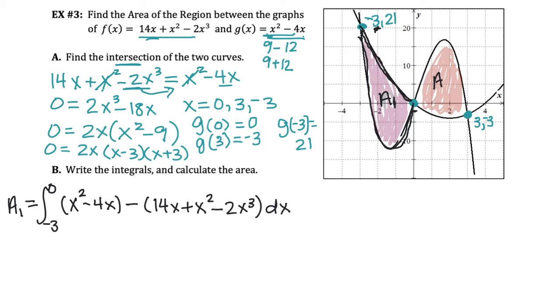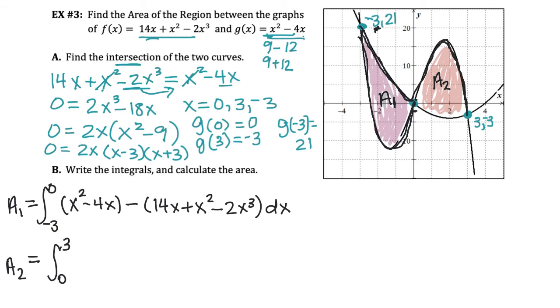And then for area 2, well, that's a little bit different. Area 2, you're going to integrate. This time you're going to go from 0, because it's what x value to what x value. So 0 to 3 this time. But now look at what's happened to your functions. They have swapped. And that usually happens.